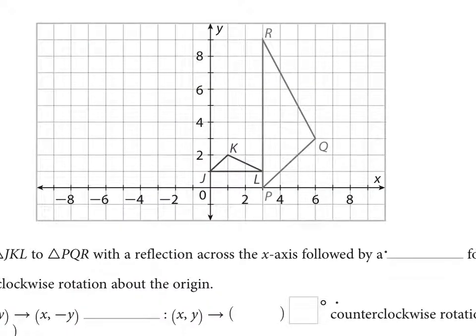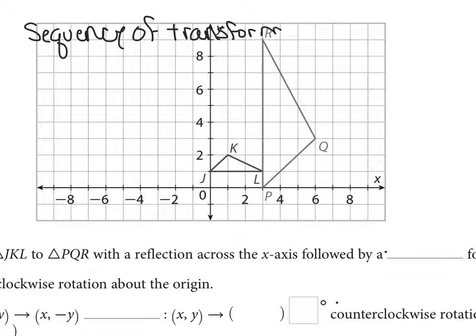Okay, so this is probably going to be the hardest part of these two lessons. What we want to do is find a sequence of transformations to get from one of these shapes to the other.